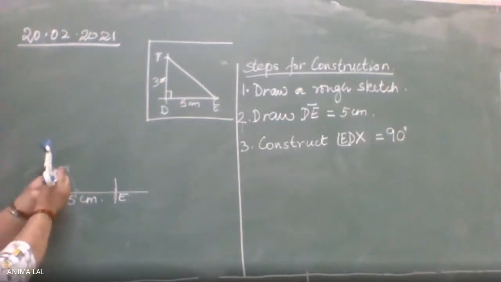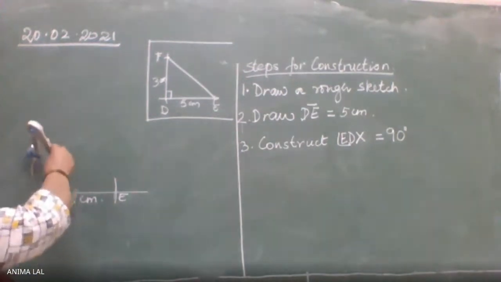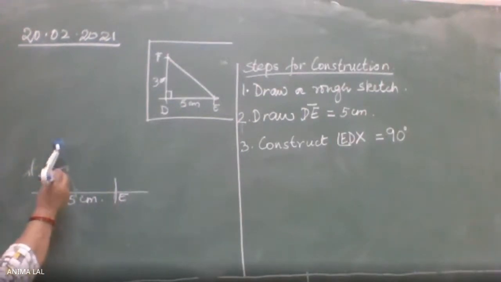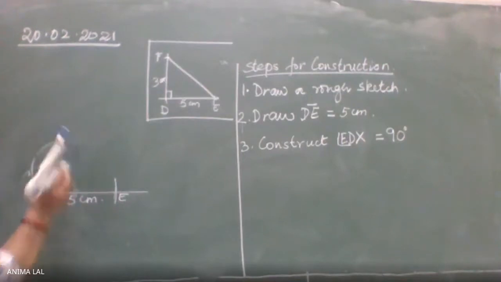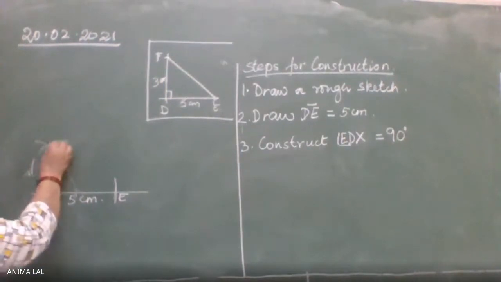Without changing the radius, draw another arc to get point 3. This is point 3. Without changing the radius, compass point at 2, draw an arc above the big arc. Compass point at 3, cross the arc that you have made to get point 4.